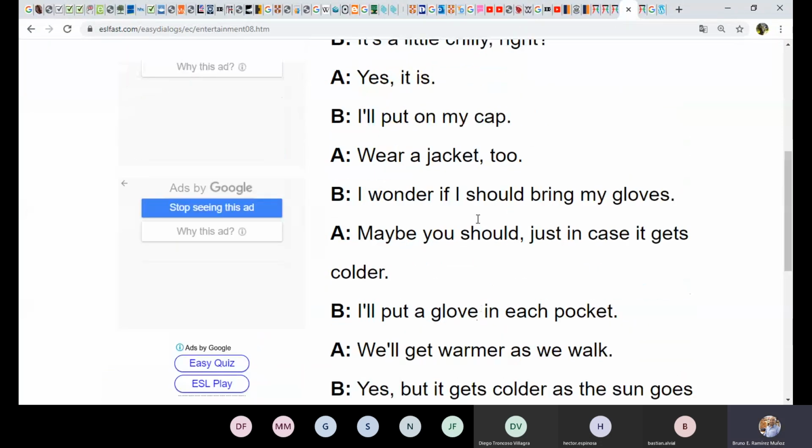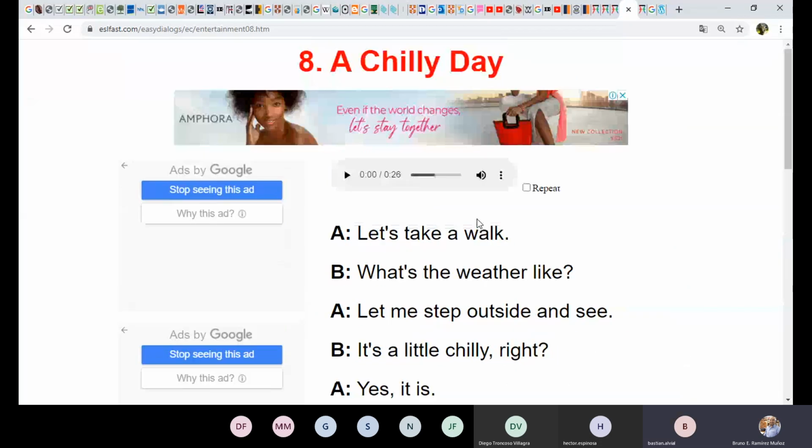So what we're going to do is first we're having a break. After the break, we will have a speaking practice session in Zoom. I will send you an invitation to meet in Zoom. In Zoom, we will divide the group in pairs, okay? And in pairs, you will go to this website. You have many options.